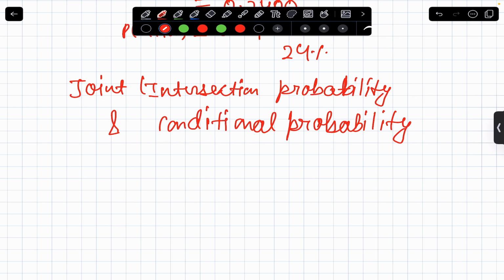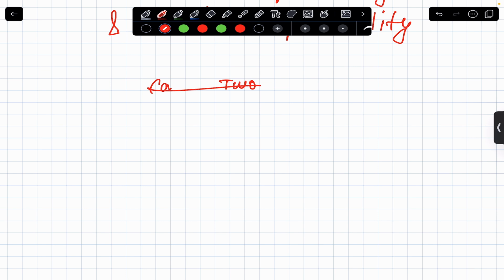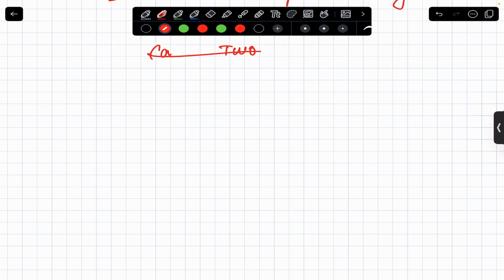We need conditional probability when one condition is already satisfied, and we want the probability of the second condition. For joint probability, both conditions should be fulfilled.